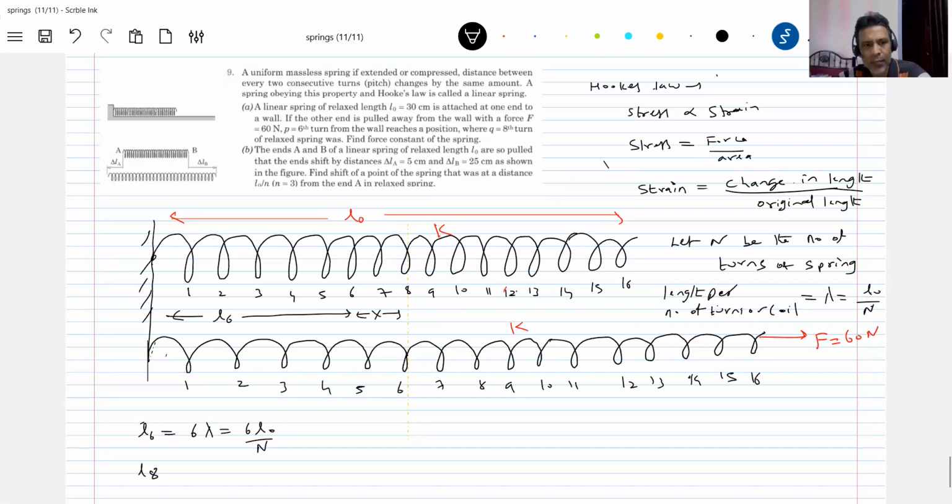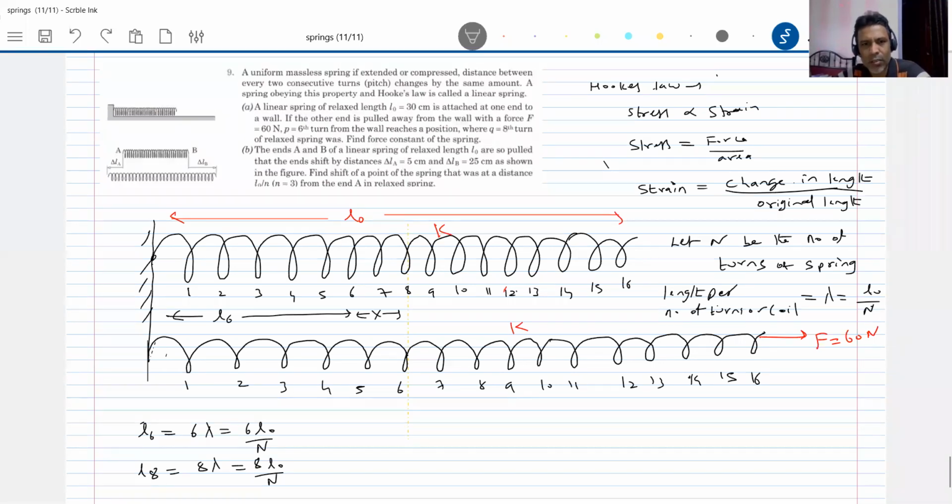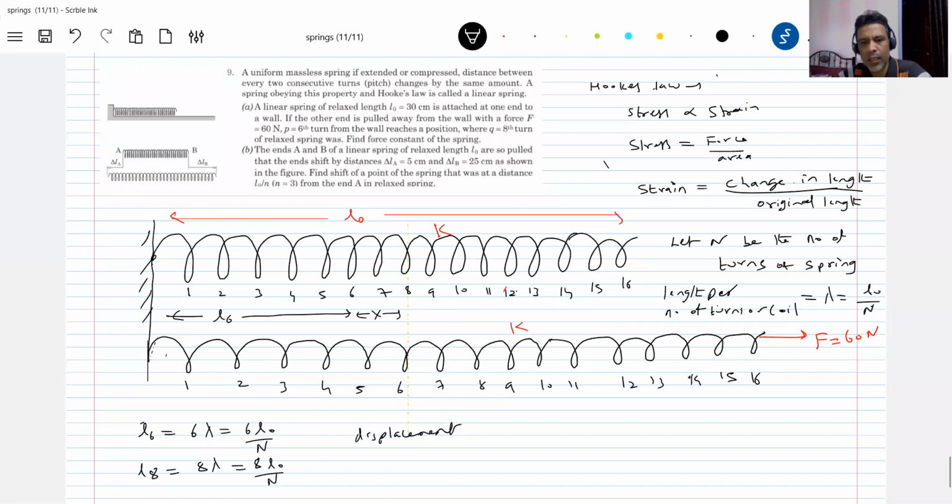What about L8? 8 lambda, 8 L naught by N. So what is the displacement of the coil now? L8 minus L6 is X, no? So from the diagram, this X should be called the displacement of the sixth turn.